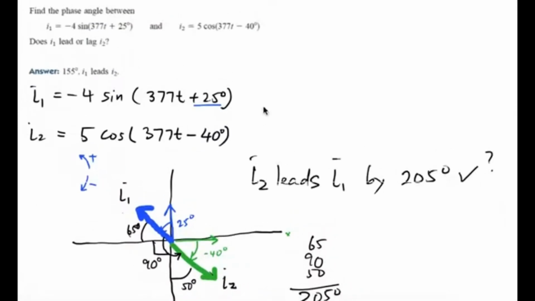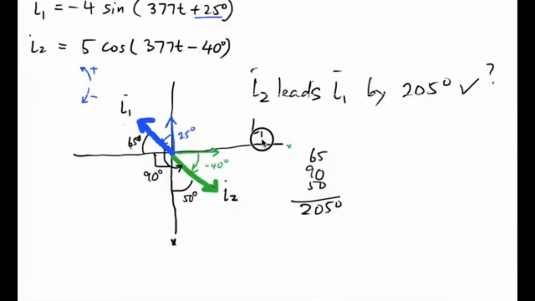Like I said before, it depends on which signal you are referring to. For example, let's take I1. If I say I1 leads I2, the angle is counted from here to here, so the angle is a bit different.